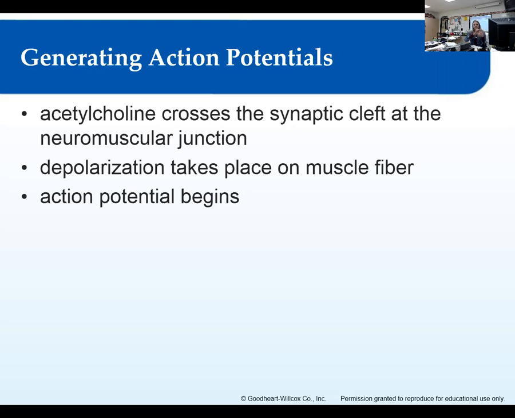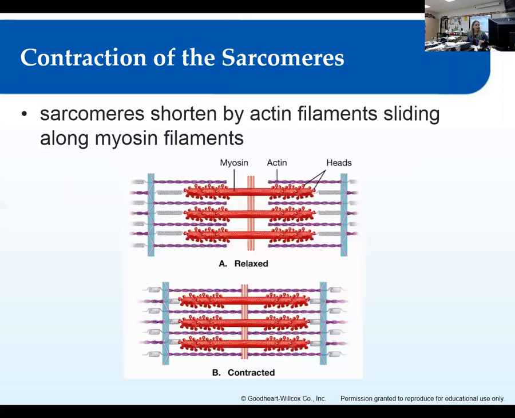Depolarization just means that changing, that flipping of the charge so that it can do what it's supposed to do. Okay? If you'll look at this picture, this is a picture of a sarcomere, and a sarcomere is like an individual contracting unit within the cell. These are not made of cells, these are inside each muscle cell.